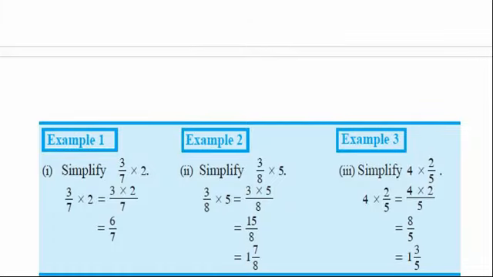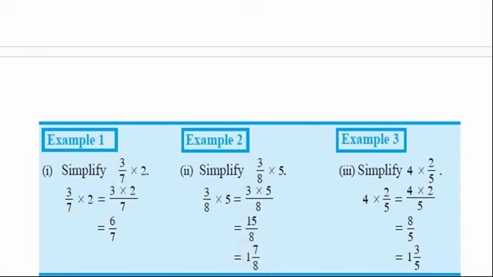Now we can see a few examples here. Simplify 3 over 2 multiplied by 2. It's nothing, right? Now I'm just giving some examples we have already done. So now, at a glance, you should be able to simplify. That's what I am showing again, right?